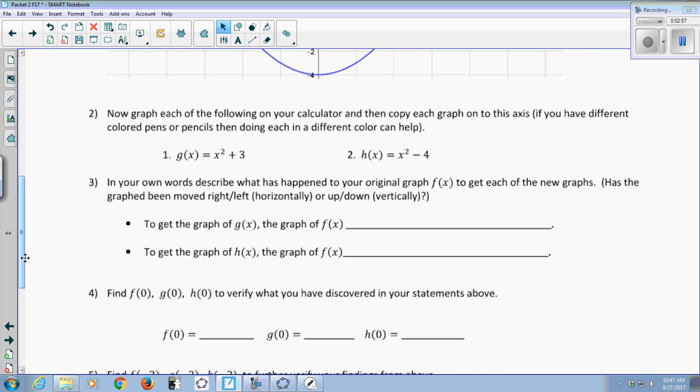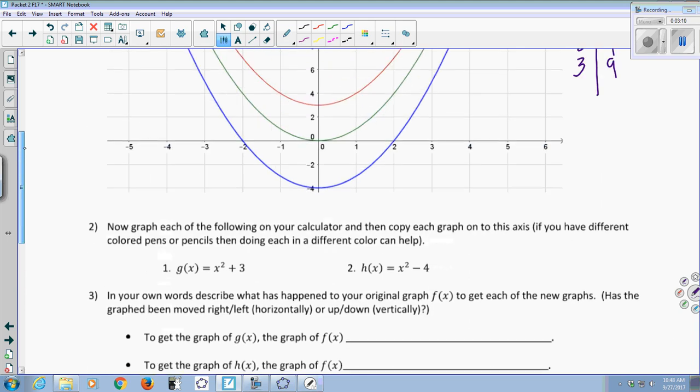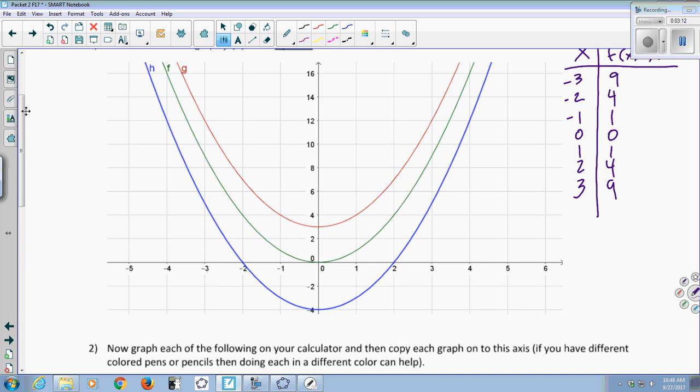So in our own words, we want to describe what happened to the original graph to get each of the new graphs. Has the graph been moved horizontally or vertically? So to get the graph of g, x squared plus 3, that's the red graph. It looks like if I started with f to get to the red graph, I just moved everything up 3.